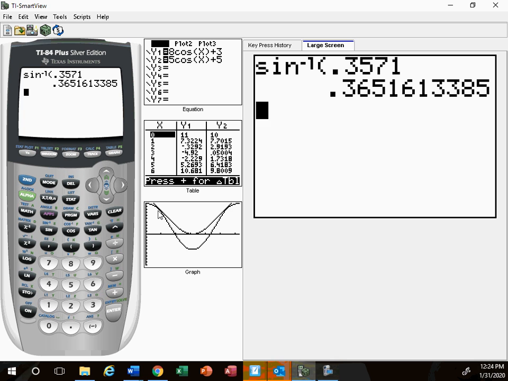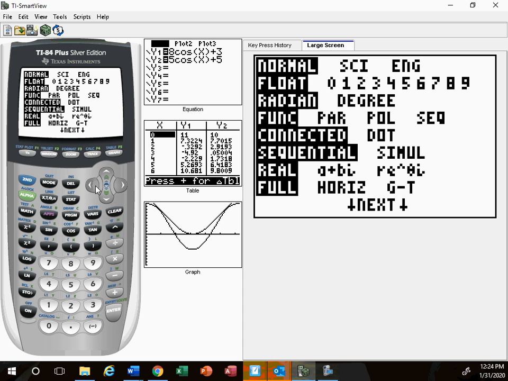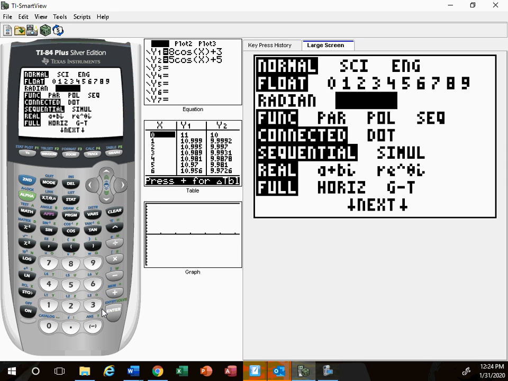Degrees, it's 360 degrees, right? So I need you to go to your mode and change it back to degrees. All right, everybody in degree mode? Okay. All right. What we're going to do then is graph this.